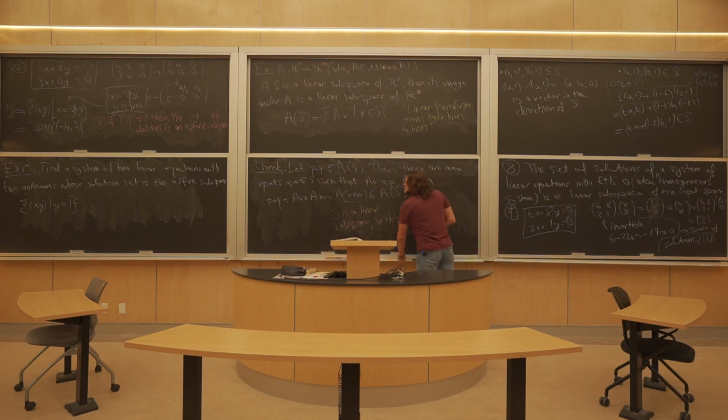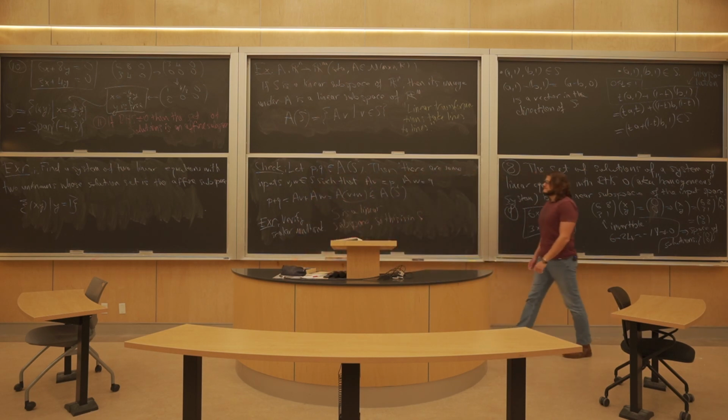Okay? Now you verify that scalar multiplication holds as well. I'm just going to leave that because it's the same idea. I'm just going to leave it as an exercise to you. Verify scalar multiplication is okay.